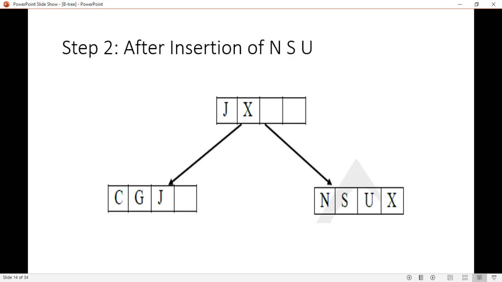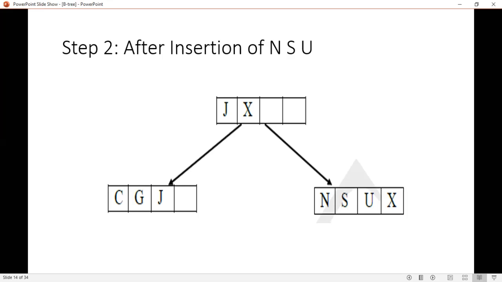How will you split? You will split into N, O, S as one node and U, X as one more node. Now N, O, S will form one node, isn't it? So the highest value is S, which will go to the root node, that is after J you will have the entry S, followed by, in the next node you have U and X, so the same X will be retained in the root node.